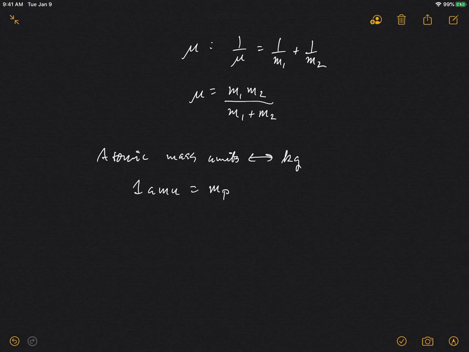And so if we had something like HCl, the hydrogen would be 1 atomic mass unit, the mass of a proton. Chlorine would be 35 or maybe 37, right? There are different isotopes. In fact, in an infrared spectrum, you're going to see different isotope peaks appear.